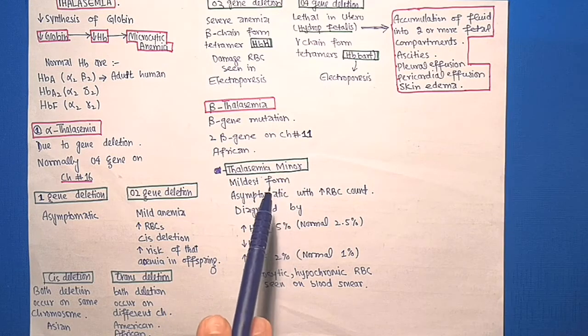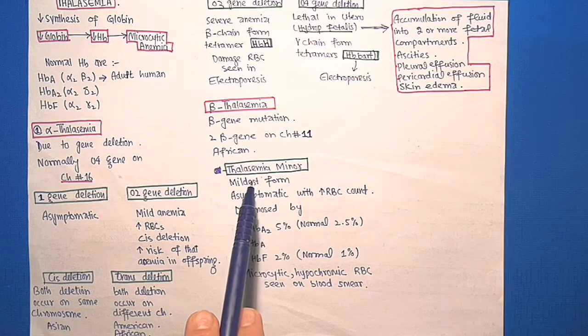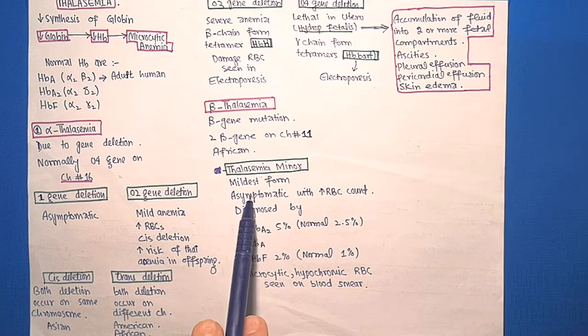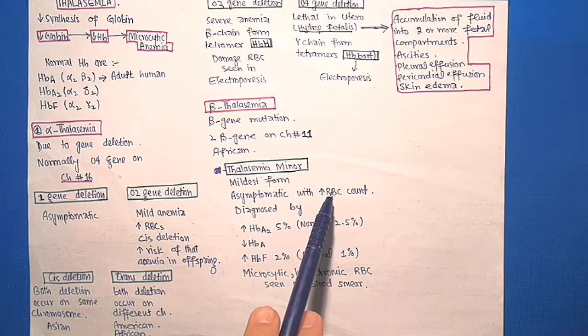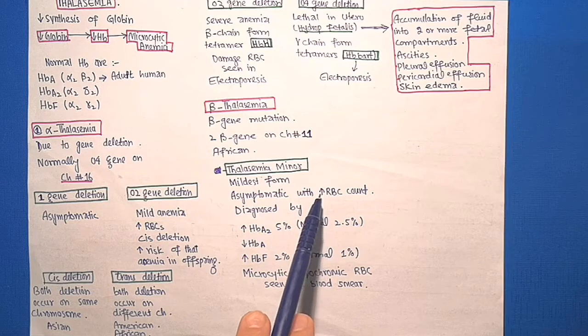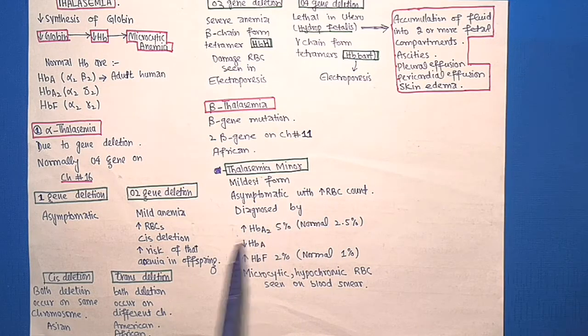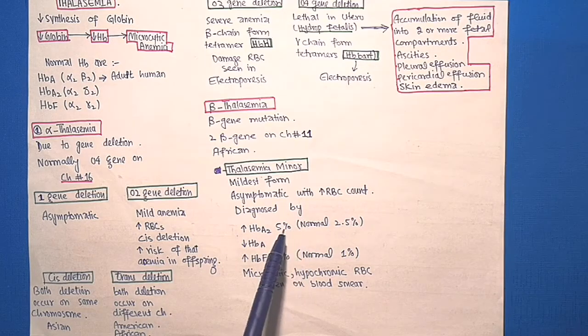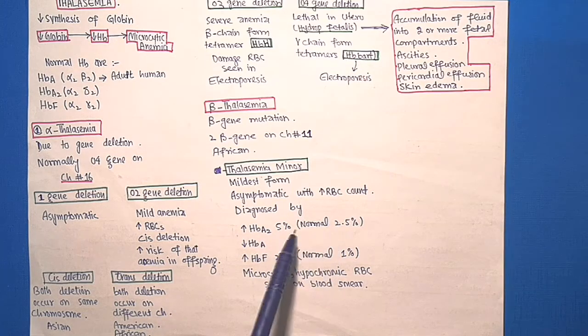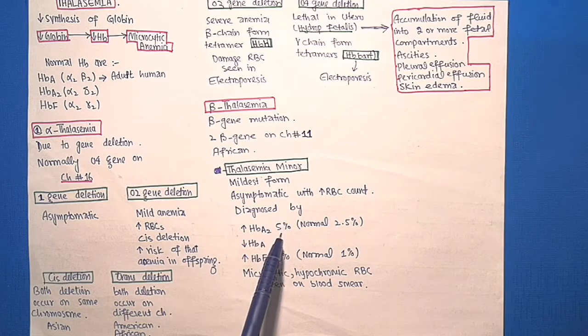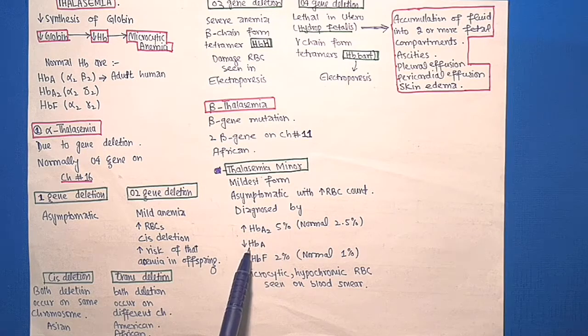Thalassemia minor is the mildest form of the disease, and they are usually asymptomatic with an increase in red blood cell count. They are diagnosed with the increase in HbA2. The normal level of HbA2 is 2.5% and it increases to 5%, with a decrease in HbA, which is most common in human adults, and an increase in HbF.